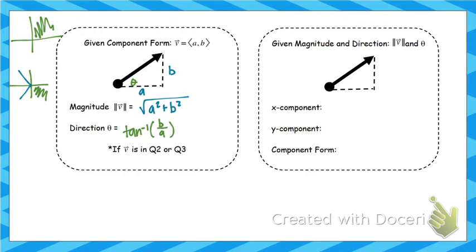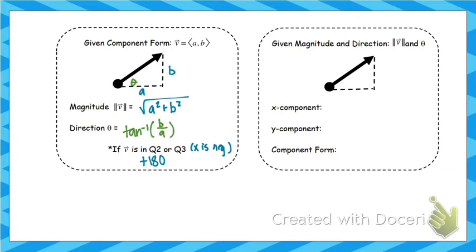So if the x component is negative, then we need to take the calculator answer plus 180 in order to get that quadrant 2 or 3 answer. That's probably the trickiest thing about this.